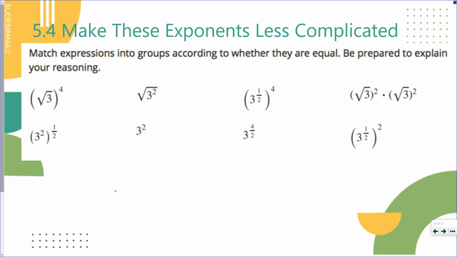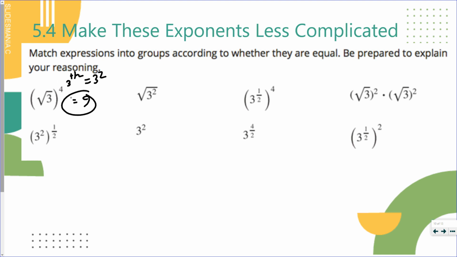Okay, square root of 3 to the 4th power. Well, let's see. That's going to be 3 to the 4 over 2, which is 3 squared, which is 9. So that must be equal to 9.